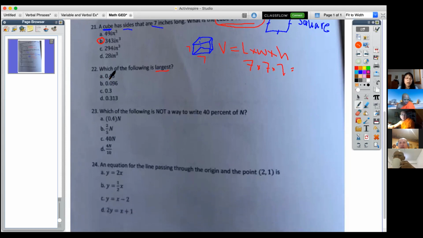We can round this number. Yeah, we can round. A, B, C, D. Which one is largest? Oh, okay. I know. Which of the following is largest?